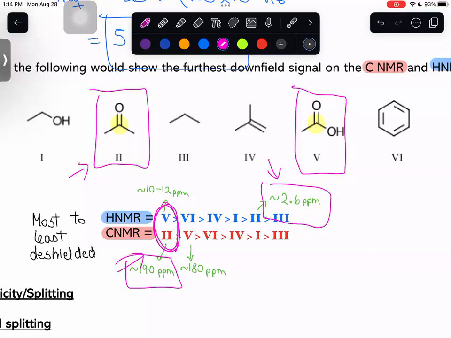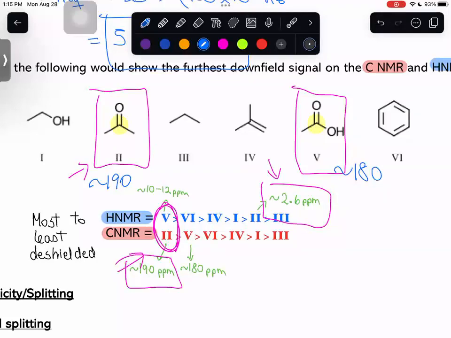For your carboxylic acid, it's going to be around 180, and for your ketones, it's going to be around 190. It would make more sense for the carboxylic acid to be more de-shielded because we have those two oxygens, right? But this is the only exception to the concepts that we've talked about so far. So please memorize those exact numbers.